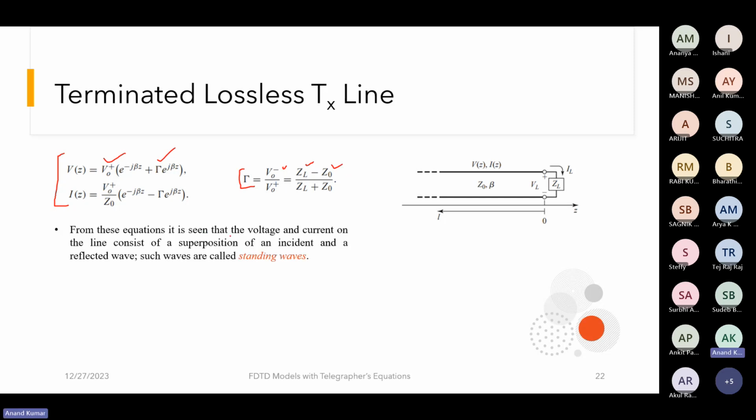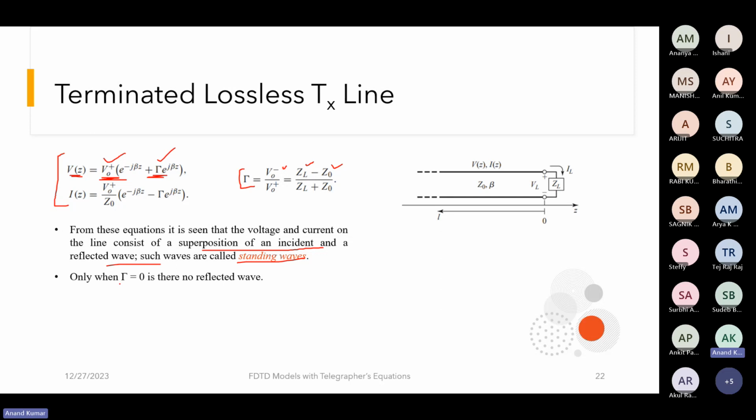From these equations, it is seen that the voltage and current on the line consist of a superposition of the incident and reflected waves. As you can see, voltage is a combination of the incident voltage and the reflected voltage, and this is called standing waves.